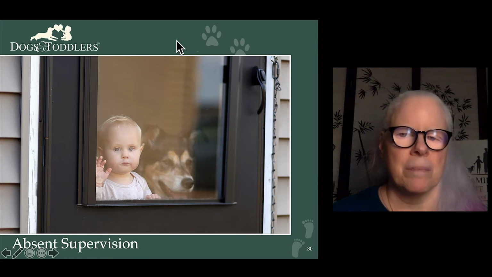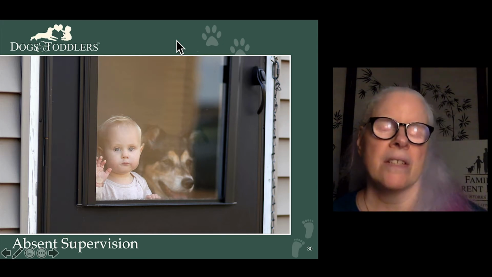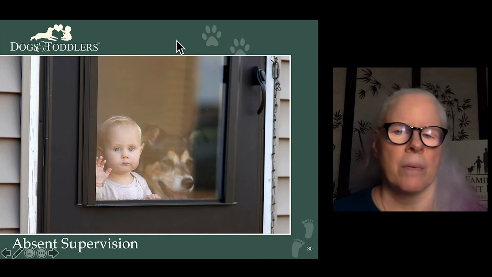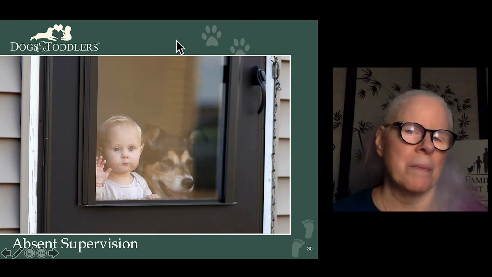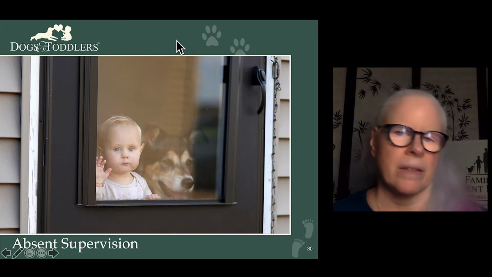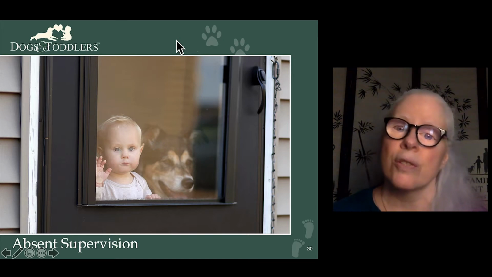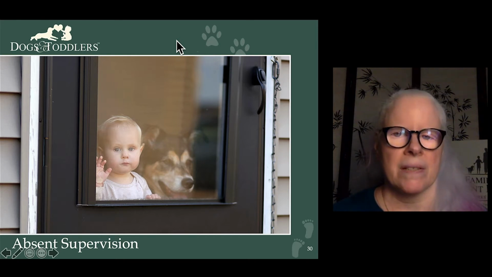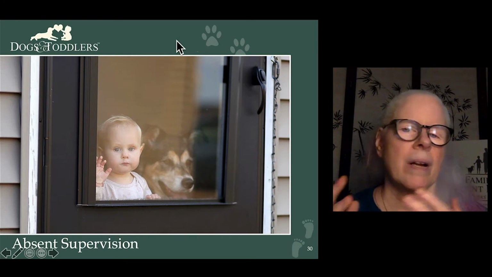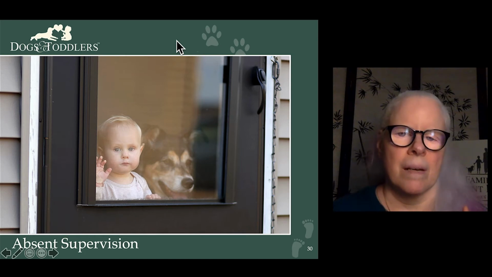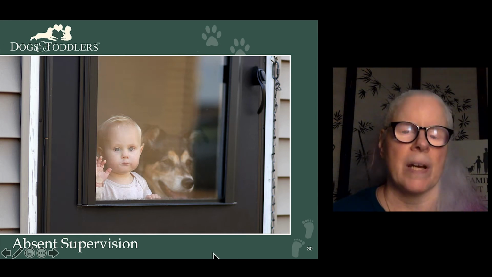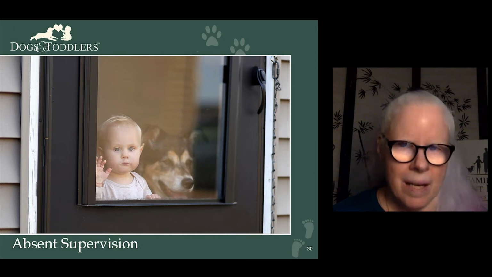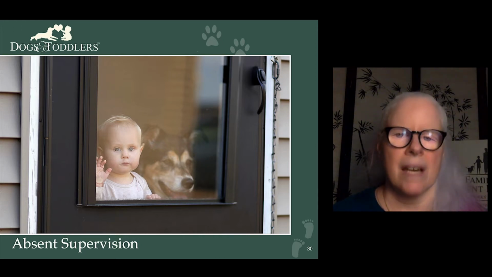So this could mean they step outside to get the mail really quick. They fell asleep while the baby was playing on the floor. I mean, we know everybody gets tired if you lay on the couch. These things do happen, right? So we don't necessarily plan for this. It's just a part of our everyday stuff, right? A lot of things change, and absent supervision can happen if we're not thinking ahead.